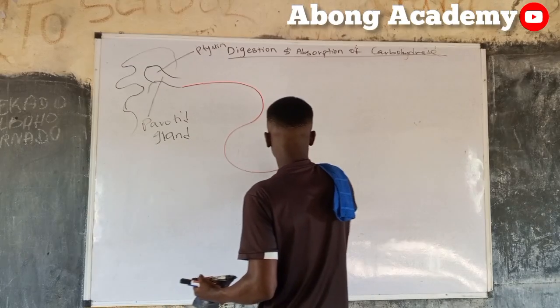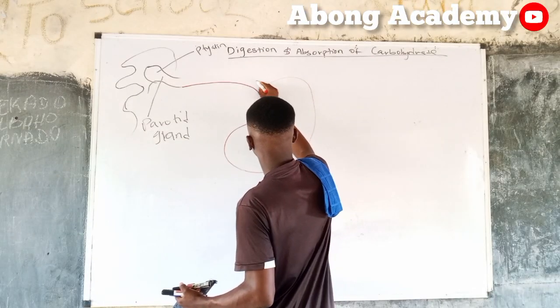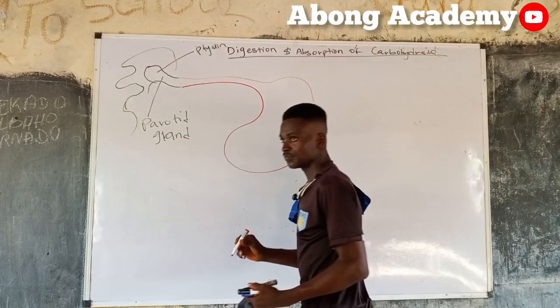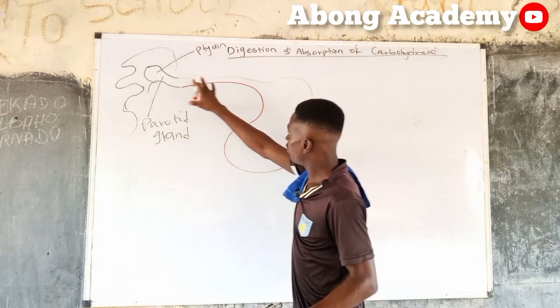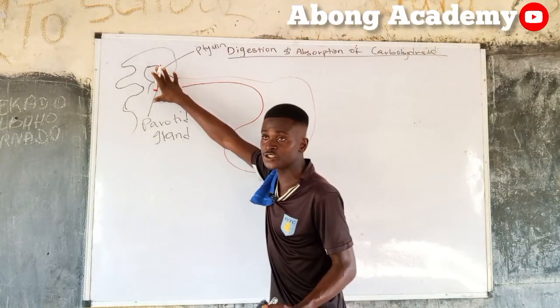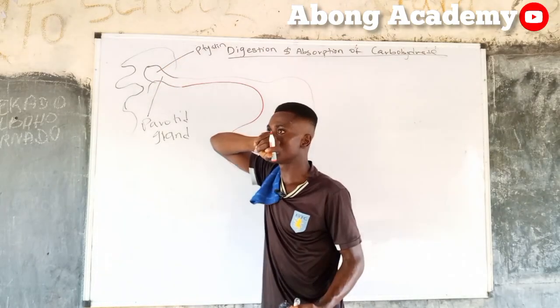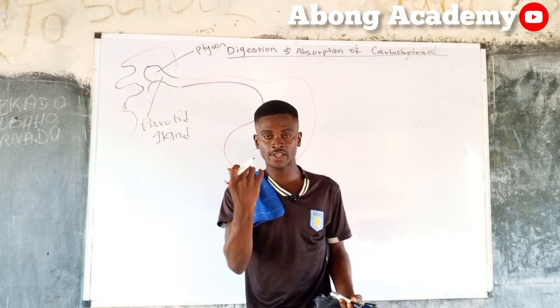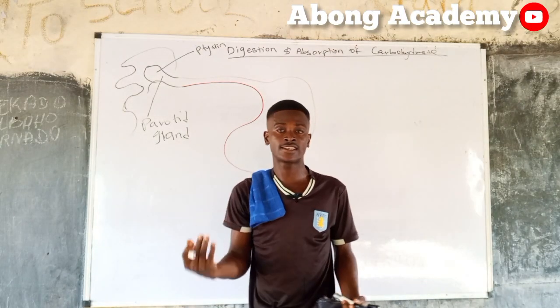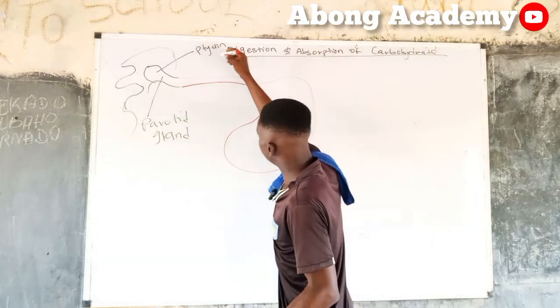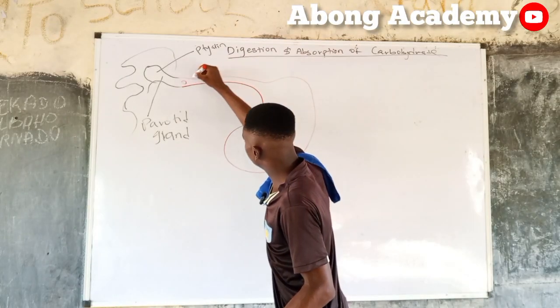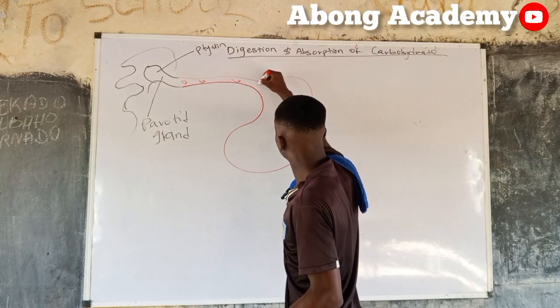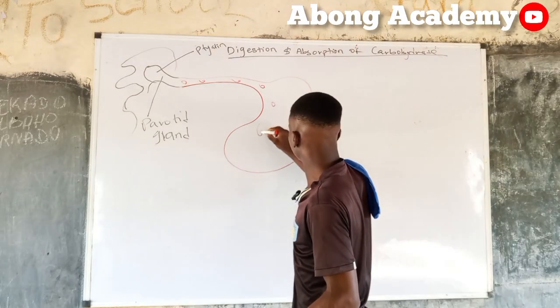There is no carbohydrate digestion in the stomach. Now, the first phase of carbohydrate digestion starts from the mouth, but it only lasts for a few seconds. Some of us are even faster than that. The activity of this ptyalin continues down to the stomach.